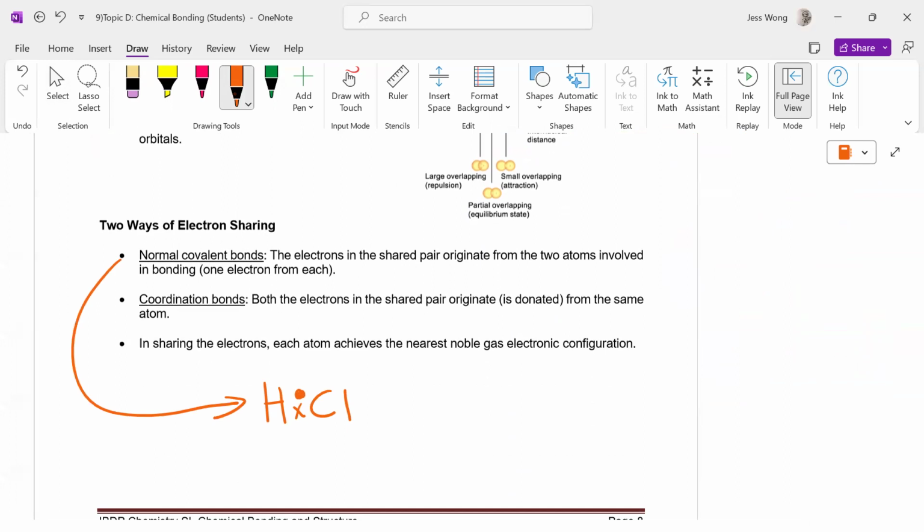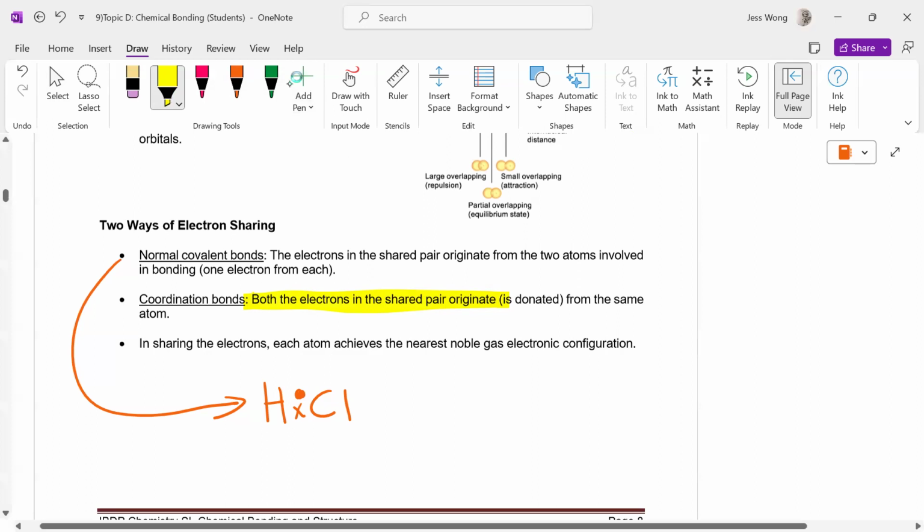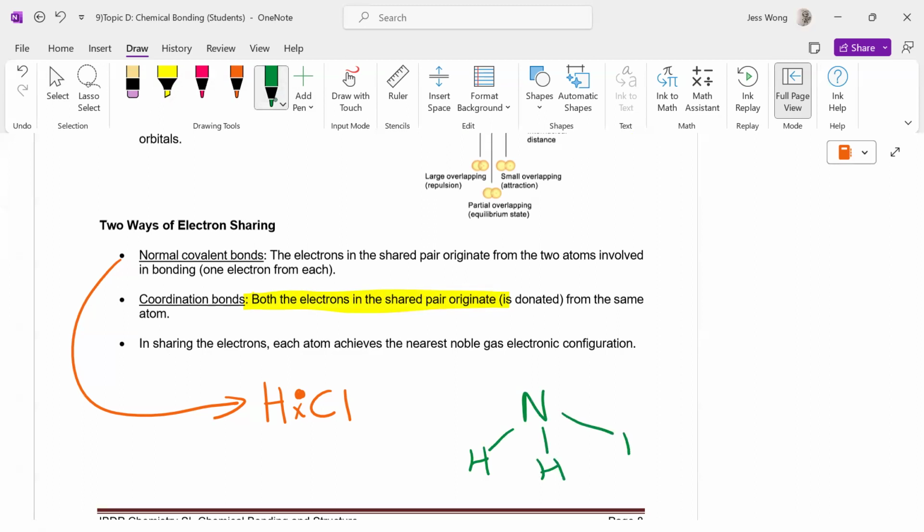Now, there's also something known as a coordination bond. It is also a form of covalent bond, but both the electrons in the covalent bond come from one atom, and the other atom is contributing none. All right, an example of that would be something like this. If I have ammonia, and it reacts with H+, now H+ being a cation, it has no electron.